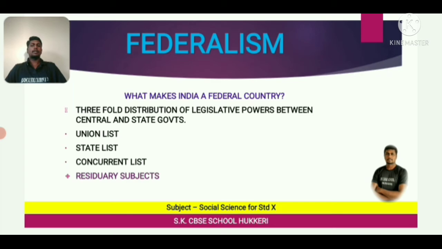The union list includes subjects of national importance. I mean, the subjects which are important at national level are all in the union list.